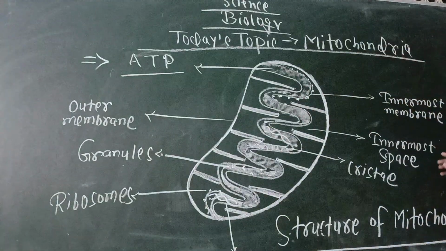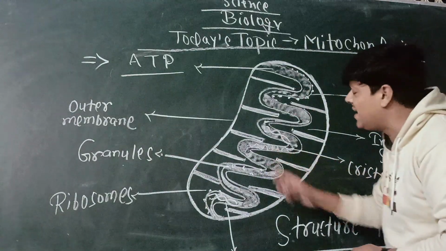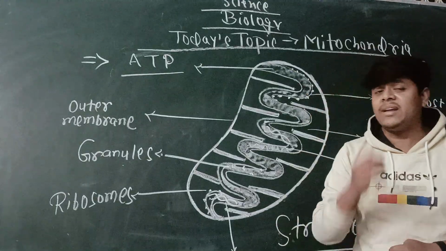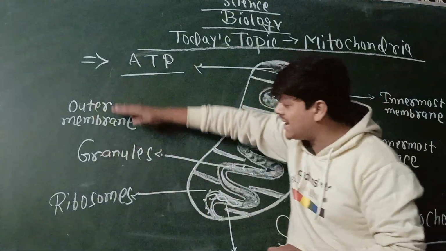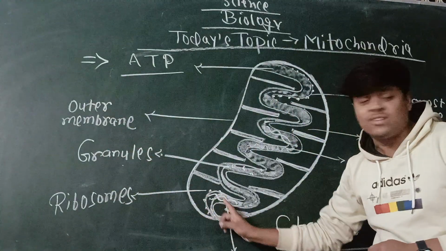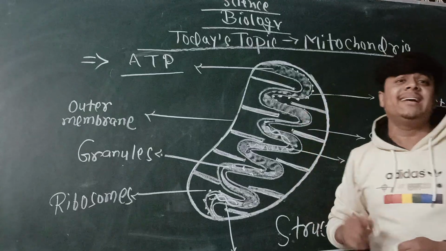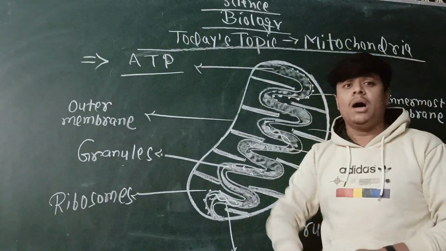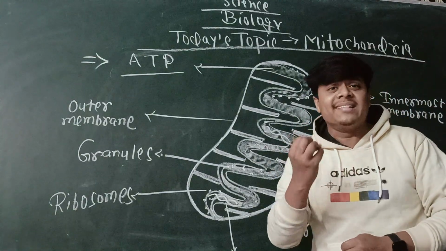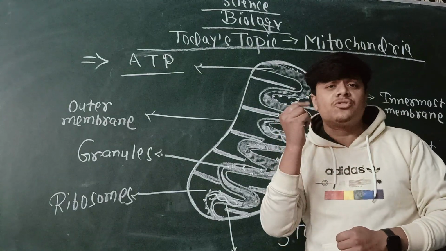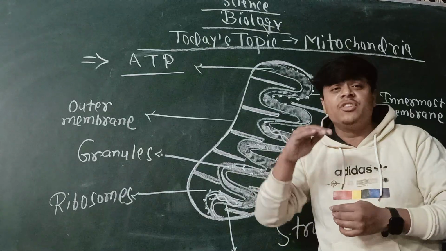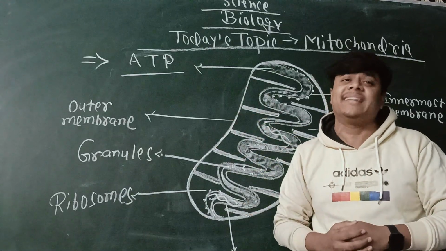Next topic is cristae, and you can see cristae is the thread-like structure which is found on the surface of the innermost membrane. Afterward you can see there is a ribosome also found on the surface of the innermost membrane. As we earlier discussed, ribosome is the protein synthesis structure and it is a small, circular structure which is found at the place where protein synthesis happens.